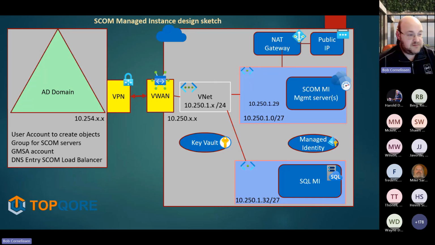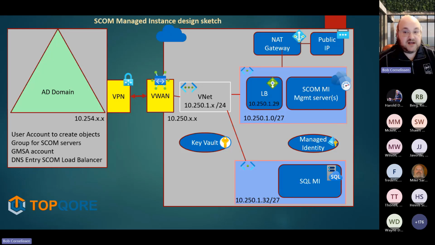That scale set with one management server in it will be started up and added to SCOM, or actually SCOM will be created at that moment, and it will create a load balancer in front of the management servers. It gets assigned the IP address that we reserved already and used for the DNS entry earlier. This means we can reach SCOM through that DNS entry from our agents or from the SCOM console, and it would figure out which management server it will use in the backend from the virtual machine scale set behind it.